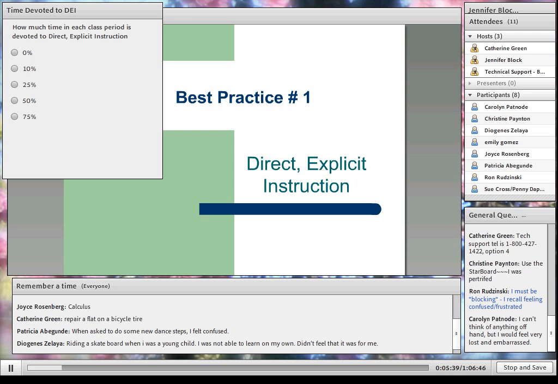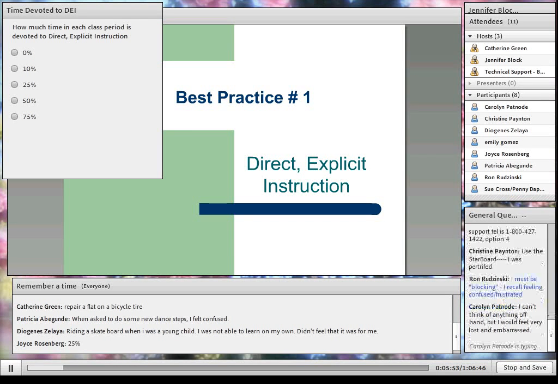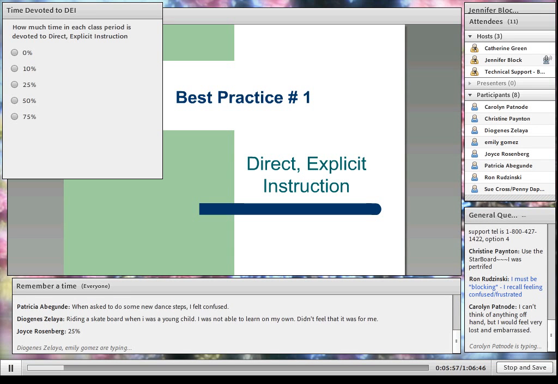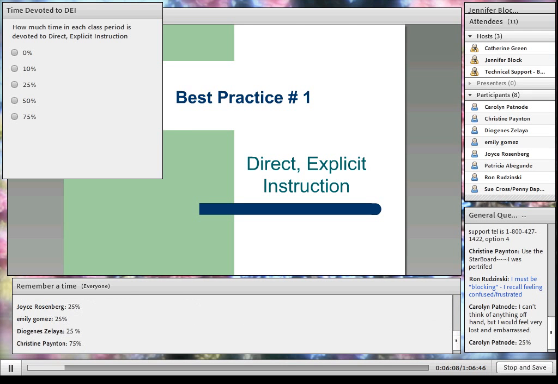You might be doing direct explicit instruction for small groups, leveled groups, groups that have particular needs. So if we could take a minute to just think about evaluating the time in each class period that's devoted to direct explicit instruction. Can everybody see the poll?